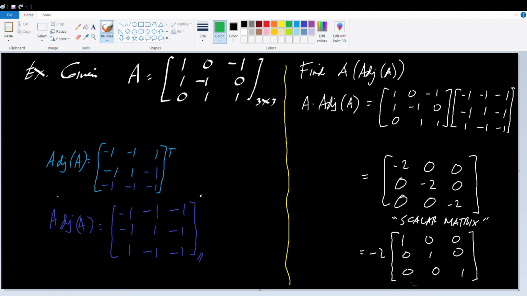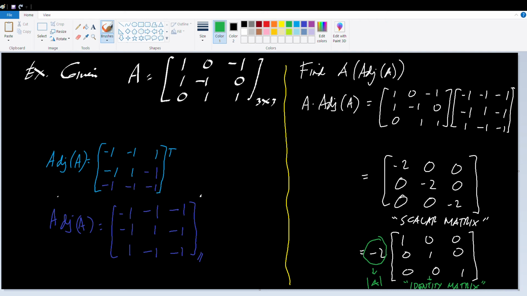That is our identity matrix. Okay? So what is this number negative 2? What does it represent? A while ago, right at the start, we calculated the determinant of matrix A. And we found out that the determinant of matrix A is equal to negative 2.